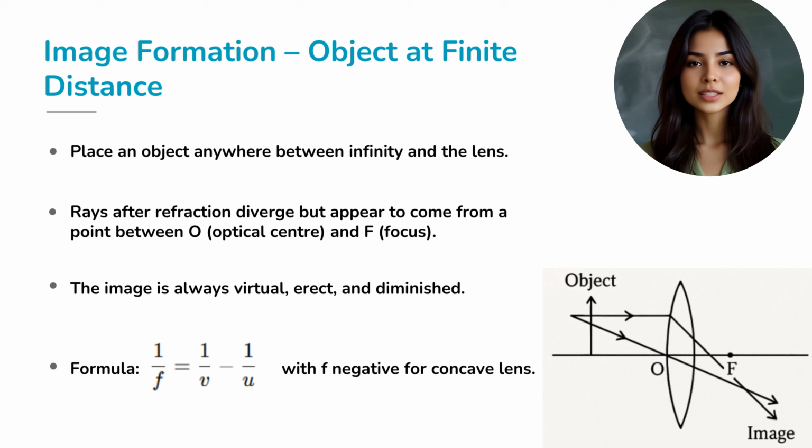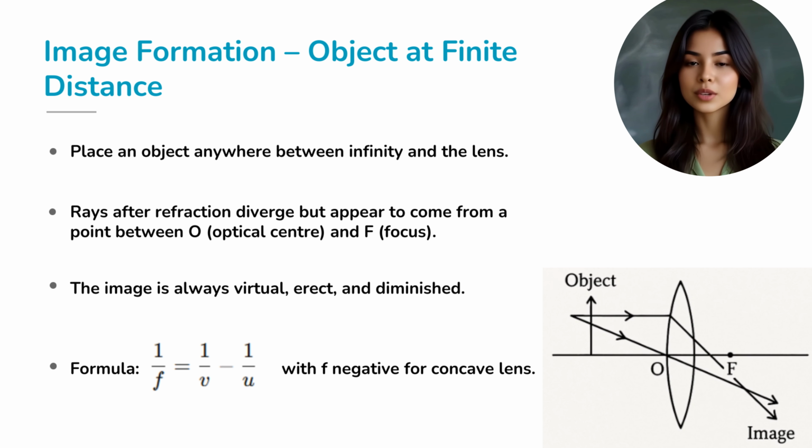And what do we get in the end? A virtual image, always upright, always smaller. It's like the lens saying, sorry, I don't do real images. I only make mini versions. Now the math lovers, here comes your treat. The lens formula is 1/f = 1/v - 1/u.